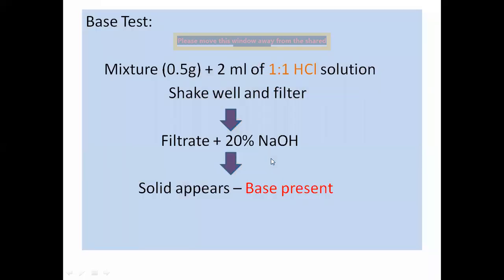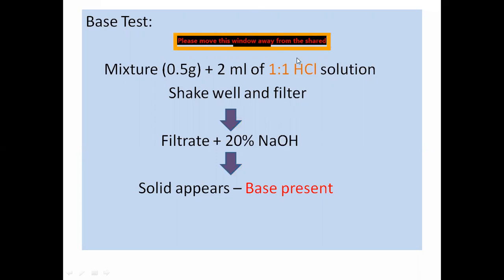Base. So for the base test, whether phenol is present or not, you take the fresh mixture, that is 0.5 gram. Then you add 2 ml of 1:1 HCl solution.